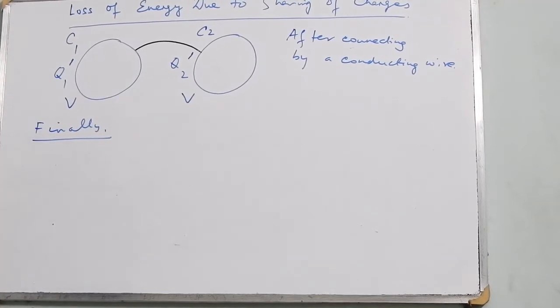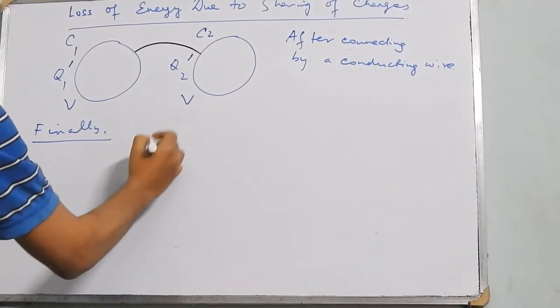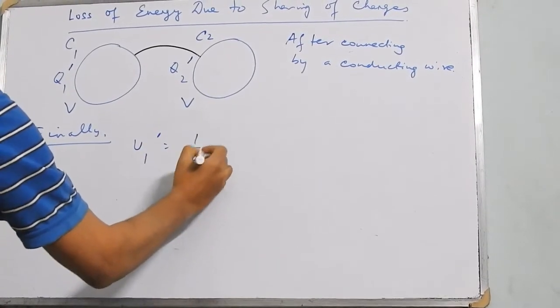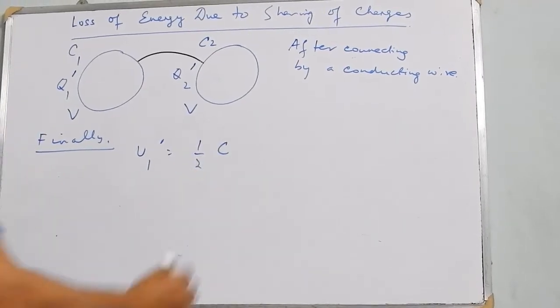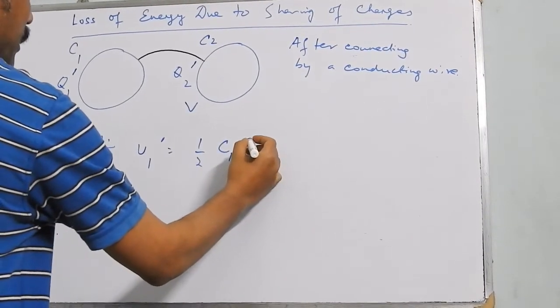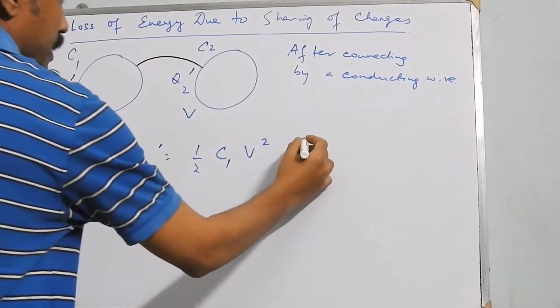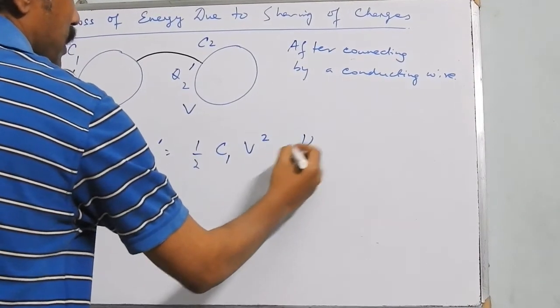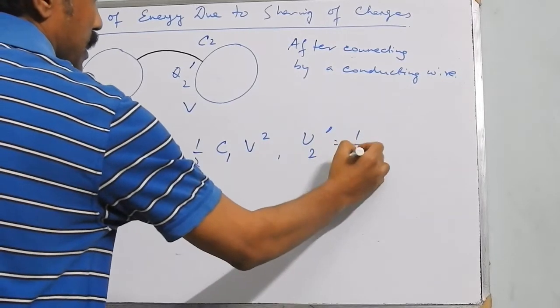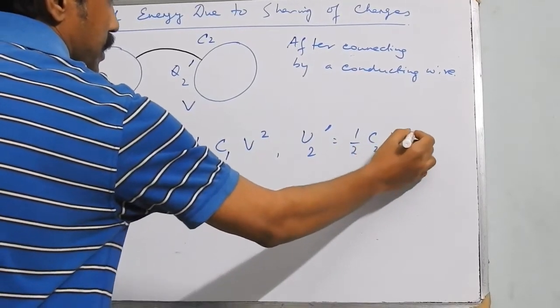The energy of the first one is, suppose, U1 dash, which will be half C1 V square. The second one will store electrostatic energy U2 dash as half C2 V square.